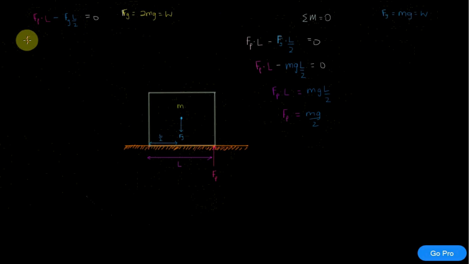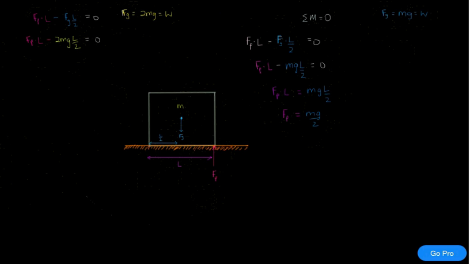So it's still going to be the force of me pushing times the distance that I tend to push, minus, we'll use that new convention here, 2mg times L over 2, and all of that equals 0.